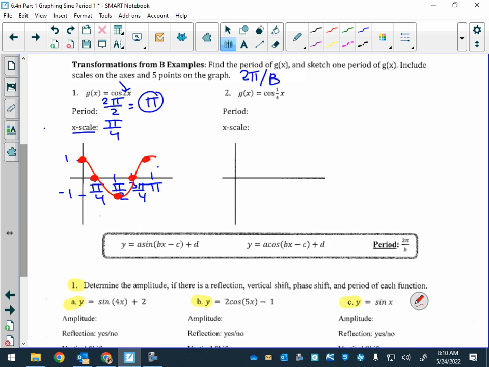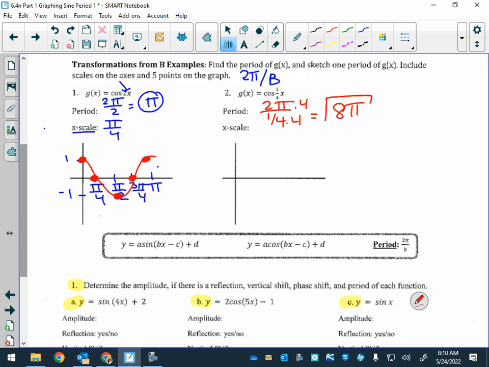All right? So number 2, what is our b value? 1/4. So we have 2 pi divided by 1/4. How do I get a fraction out of the denominator? What do we do? Yeah, right. Excellent. We multiply top and bottom by 4.